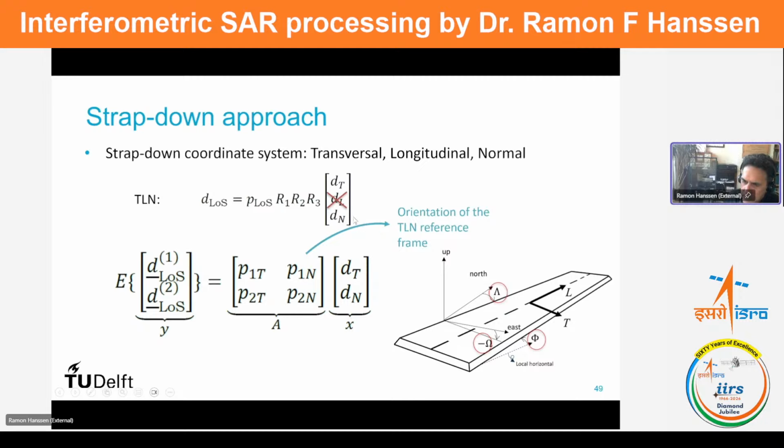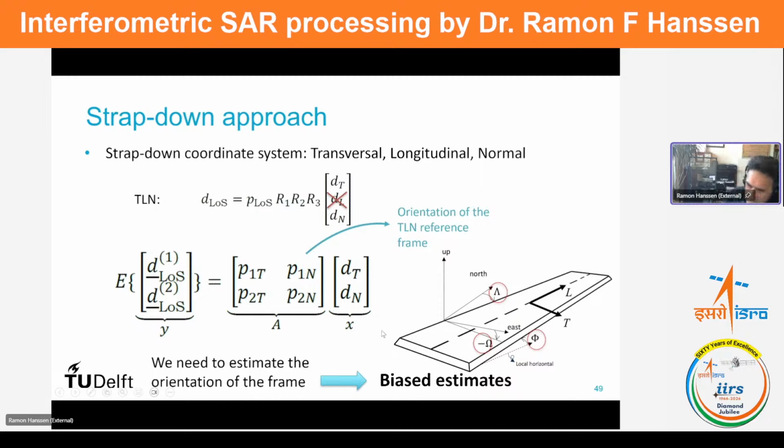And my argument is that it is much more physically meaningful to say that the longitudinal component is expected to be zero than that the north component is expected to be zero. The north component expected to be zero would mean that somehow in nature, objects have the tendency not to move in the north direction, but only in the east direction. And that obviously is nonsense. So this is physically more meaningful.